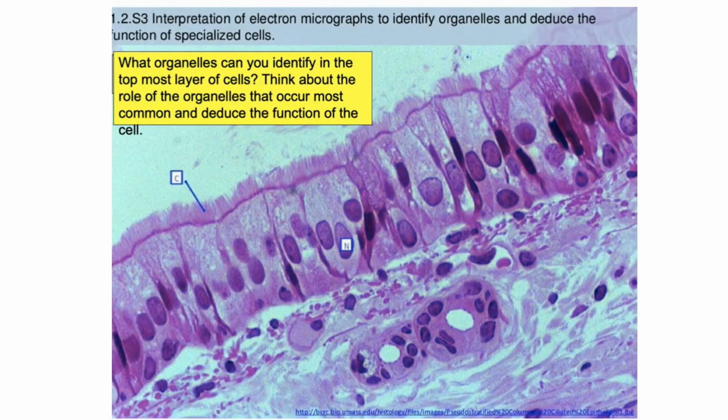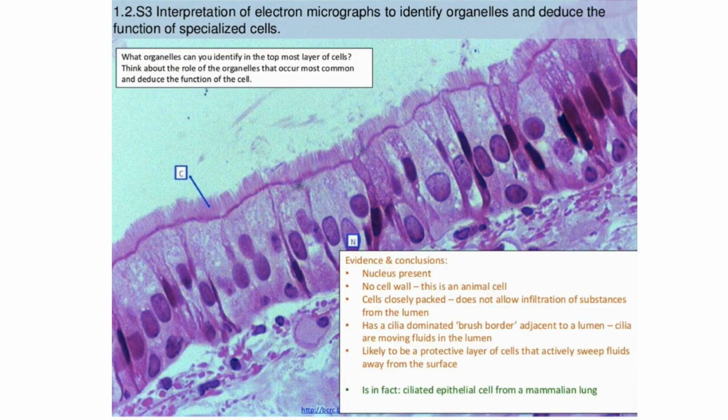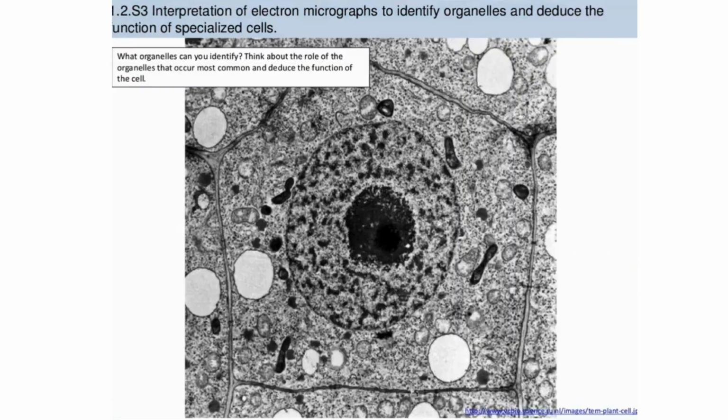So what organelle can you identify in the topmost layer of the cells? Let's find out. We see the nucleus is present, no cell wall, cells closely packed, and has cilia, and likely to be a protective layer. And it's in fact a ciliated epithelial cell from a mammalian lung here.